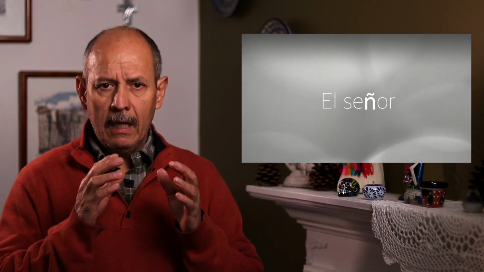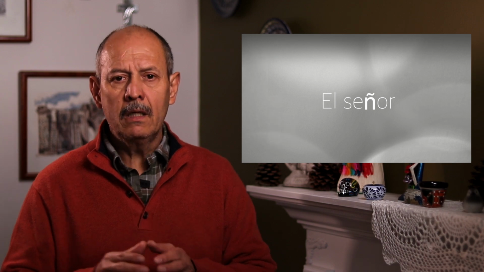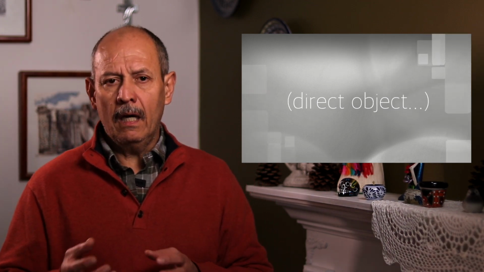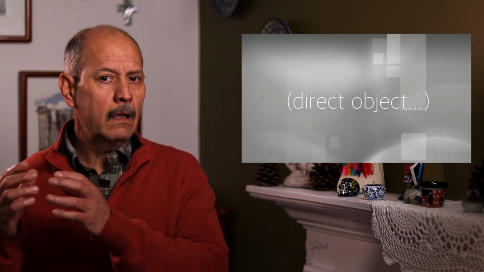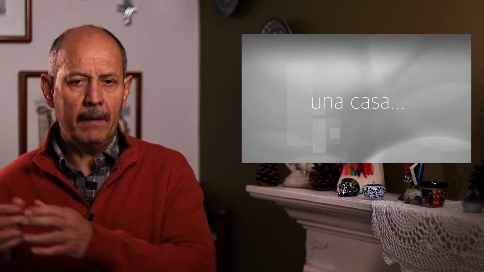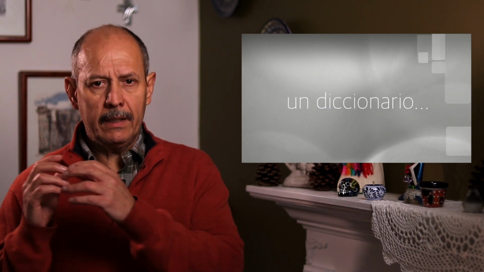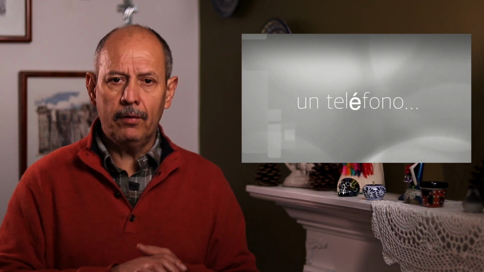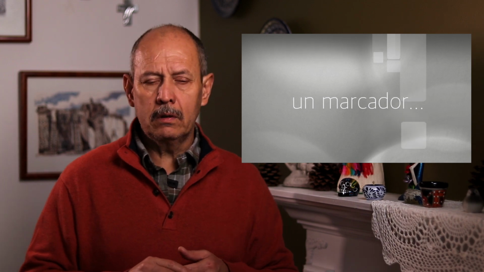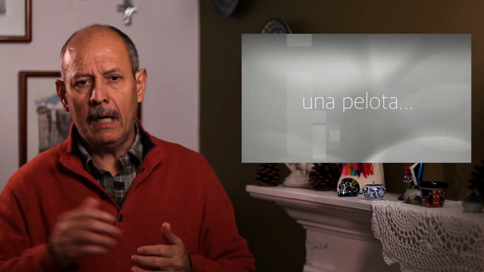For instance, el señor, that's the subject, vende, to sell, that's the verb, what? And that will be the direct object as a complement. El señor vende what? Una casa, un libro, un diccionario, un teléfono, un carro, un marcador, una pelota. All those things that I was putting there are direct objects.